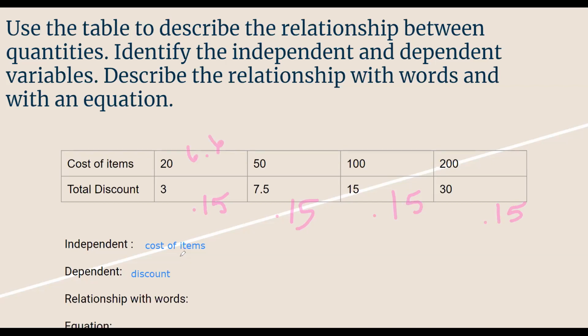50 divided by 7.5 also gives you 6.6. So either way you guys divide it, it's going to be the same thing.